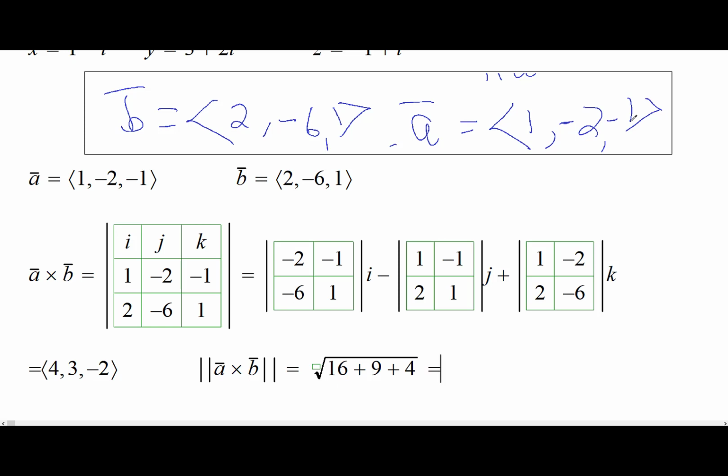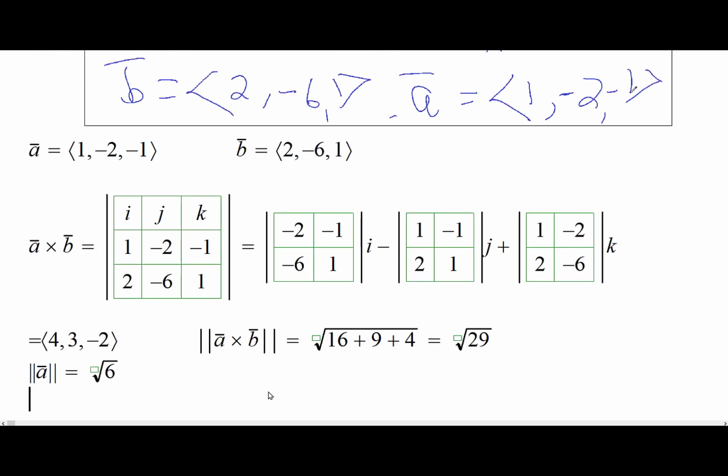So that becomes the square root of 29, right? And then we will divide it by the magnitude of A. Who is the magnitude of A? This is 1 squared plus 4 squared plus 1 squared. So that's the square root of 6, right?